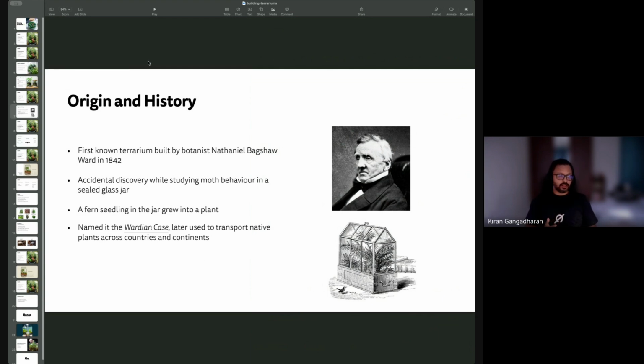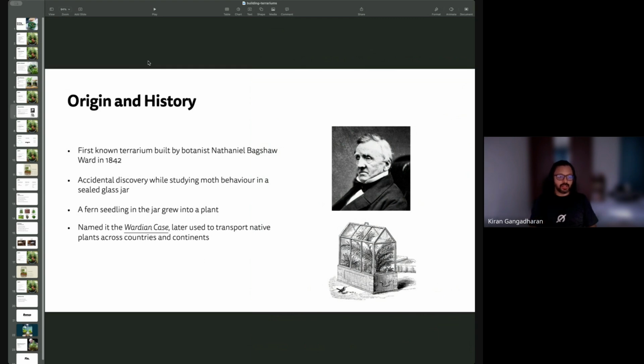He was basically trying to understand the behavior of moths in a closed, sealed environment. So he basically had all the relevant setting of a terrarium, although not the exact same. It was just some soil, and the moth in the pupal stage inside that glass jar type setting.